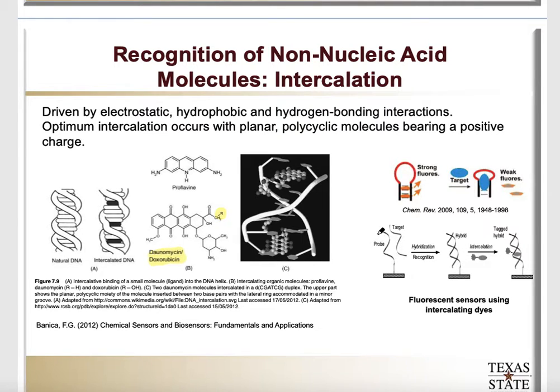So if the binding didn't occur and you still just had your probe, the intercalation dye would not be able to interact just with the probe. It would have to interact only with the hybrid system. And so because of that, now we have fluorescence happening. Whereas if we don't have the complementary or the double-stranded configuration, then we're not going to have fluorescence. I hope that I explained that somewhat clearly.